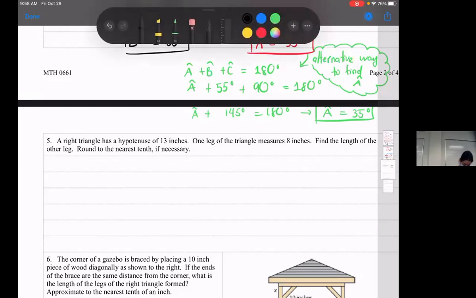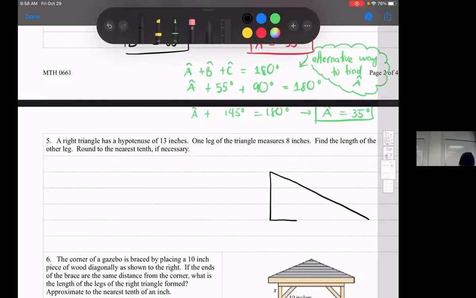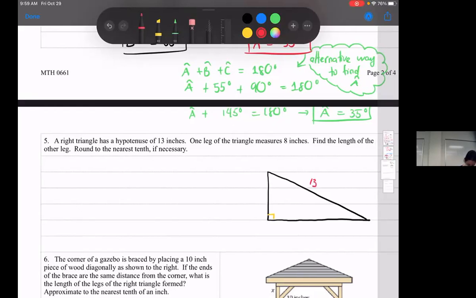Right, so draw it out. I'll give you a point just to draw it out. And make sure you label that this is a right triangle by the little square in the corner. The hypotenuse is 13 inches. So which one is the hypotenuse? This one? Yeah. So this is 13.